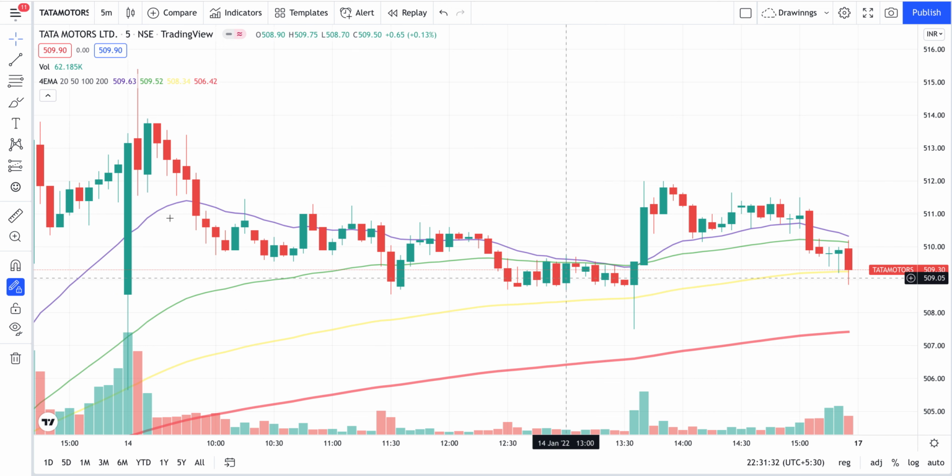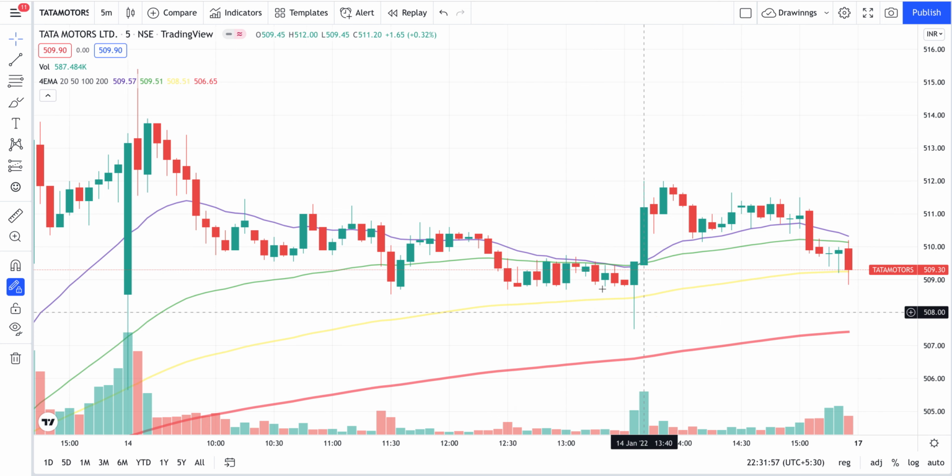Up to this period we can see that, and here it has already touched, and this is a very strong demand zone, so all the people are going to buy here. We can see a massive buy here. This is not always the case, but in this situation it is, and we are confirming it with the volume indicator. So we can take a buy position here, and we can take an exit here.